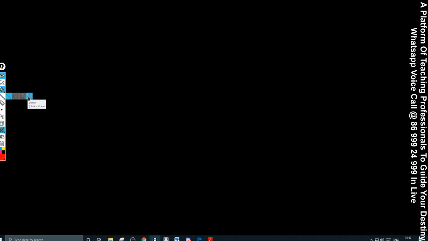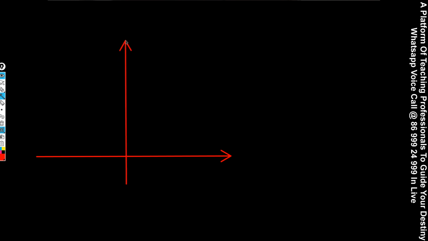Now, it is like this. This is the x-axis. Now, a square is defined like this, making an angle alpha.